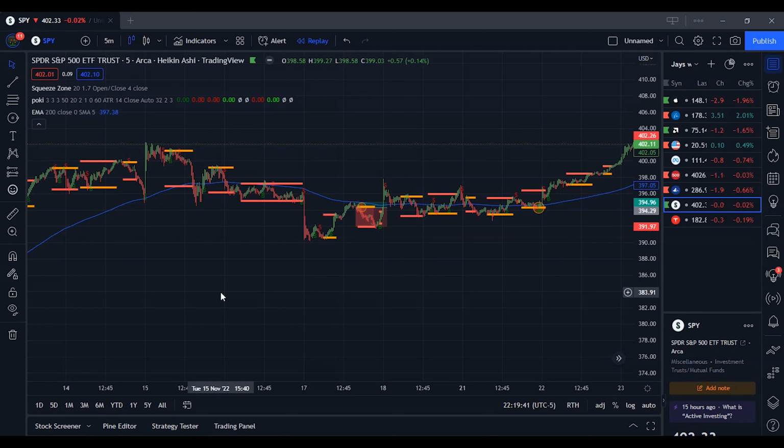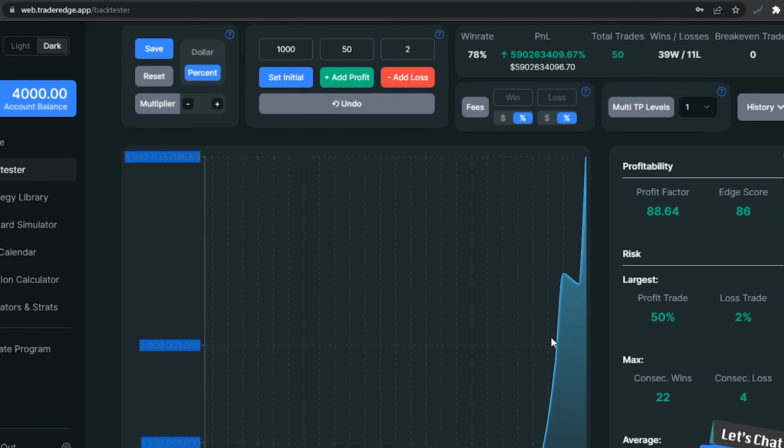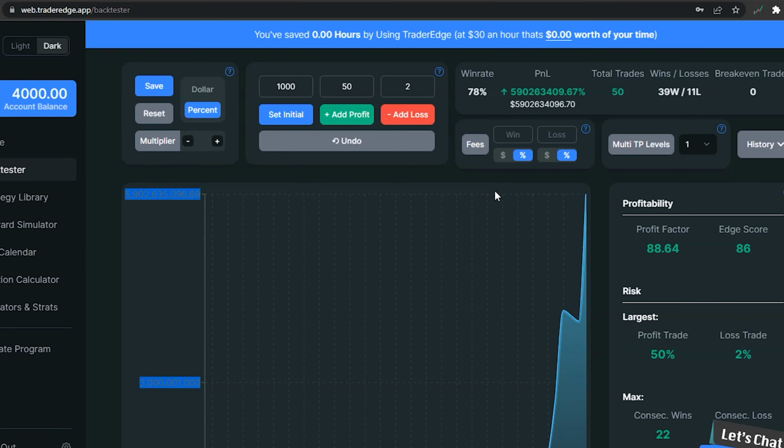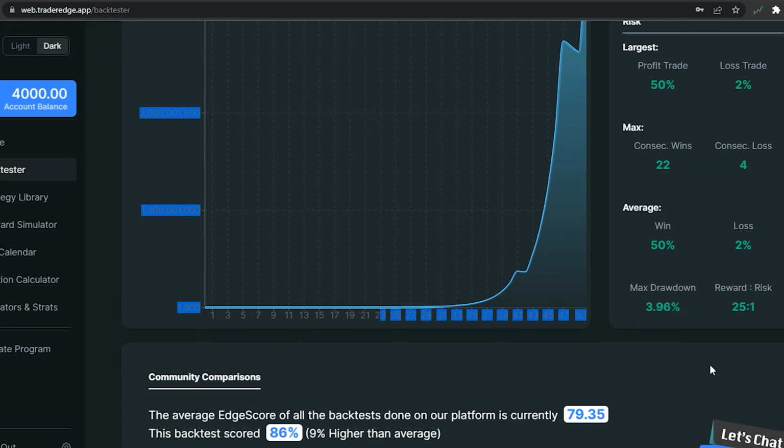So I'm going to give you guys the breakdown through Trader's Edge on what I came up with after back testing this strategy. All right, so I'm in Trader's Edge. We back tested this strategy. We ended up taking about 50 trades with this. We came up with a 78% win rate. And this is actually ranked 79.35 out of all of the indicators back tested through Trader's Edge.